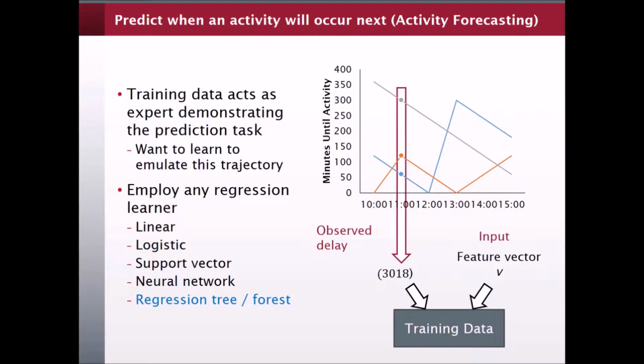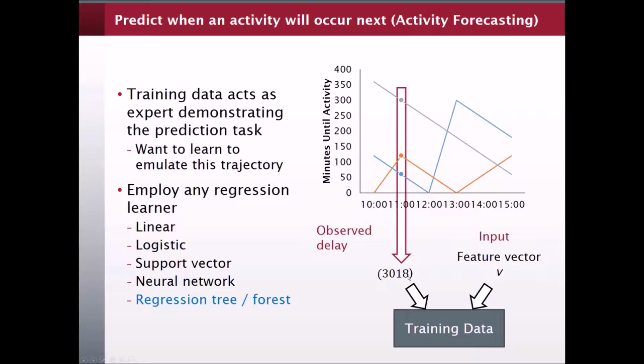Therefore, with every data point, we also have a specific amount of time that elapsed until an activity occurred again, and we can learn a mapping from the data point to that value, the delay value. So our regressor needs to emulate this trajectory.